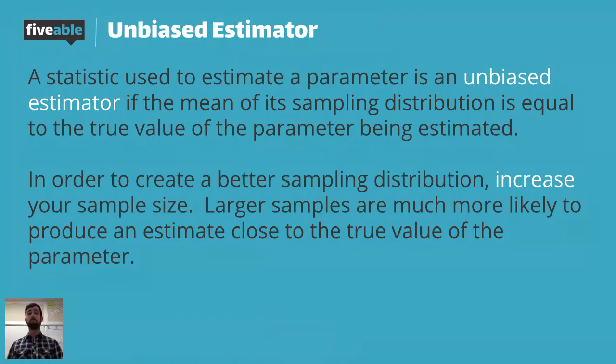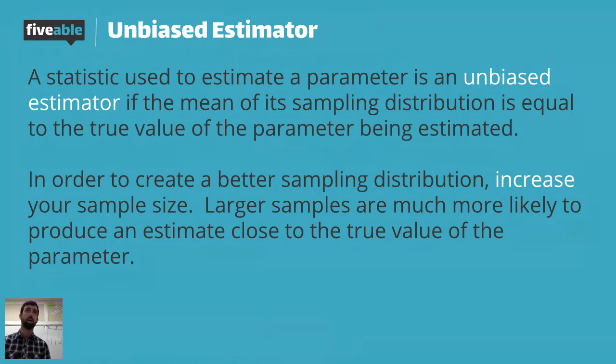In order to create a better sampling distribution, and here's where we got to with the applet, you increase your sample size. Larger samples are more likely to produce an estimate close to the true value of the parameter. Essentially, when you increase your sample size, you're limiting the ability for outliers to have a big effect.